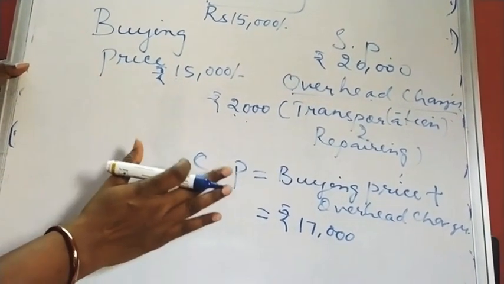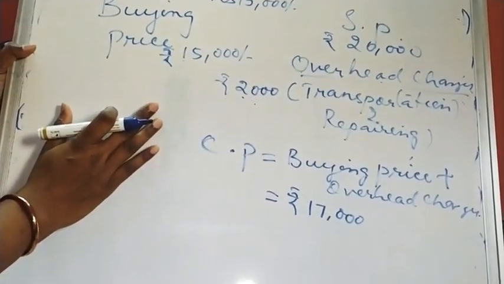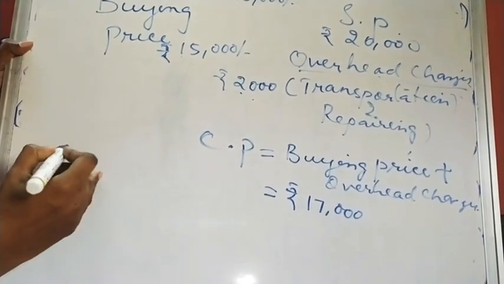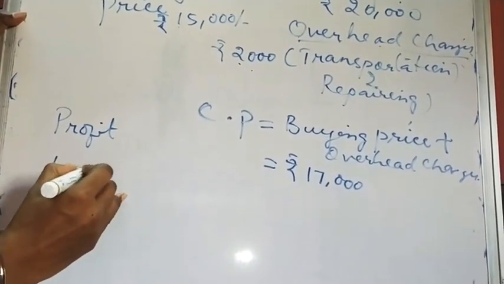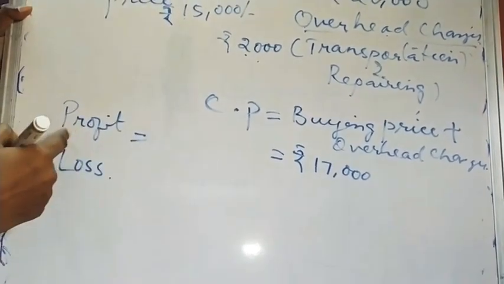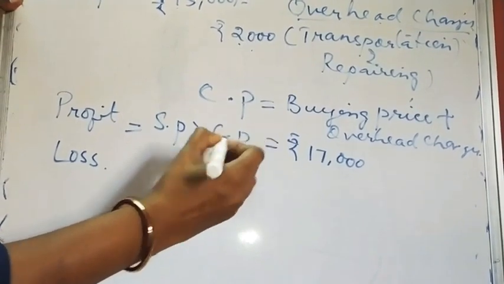So within this transaction, the give and take in a business, we would be able to know whether there is a profit or whether there is a loss. So here profit would be when the selling price is greater than the cost price.